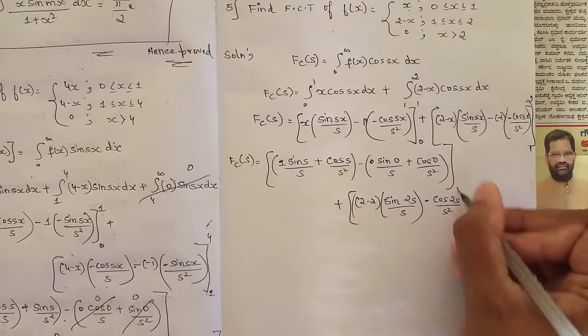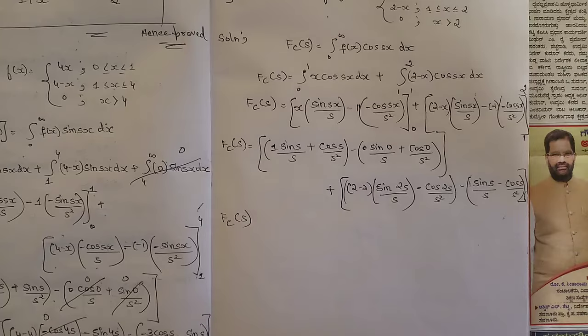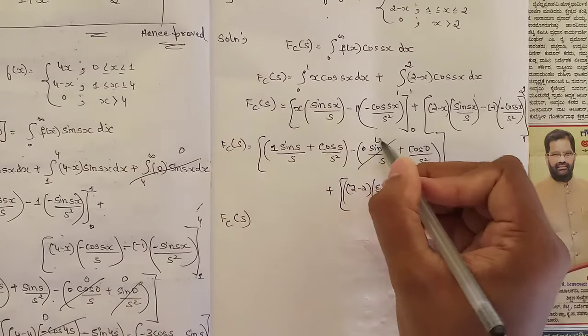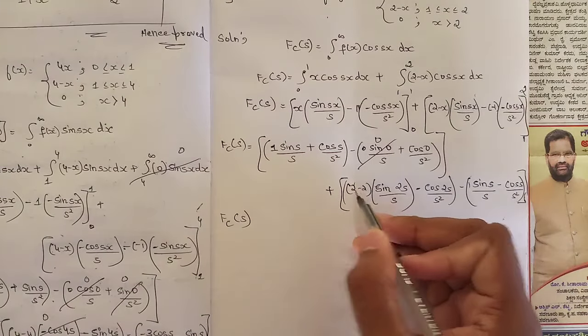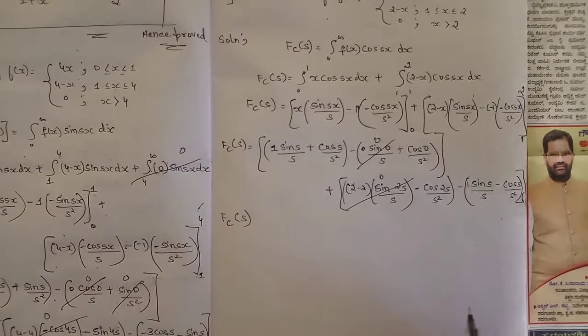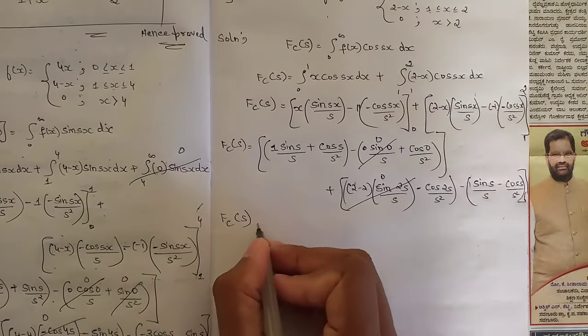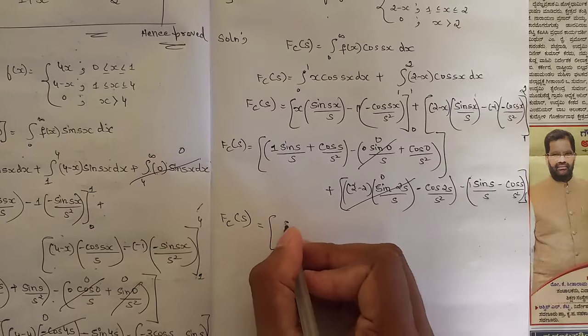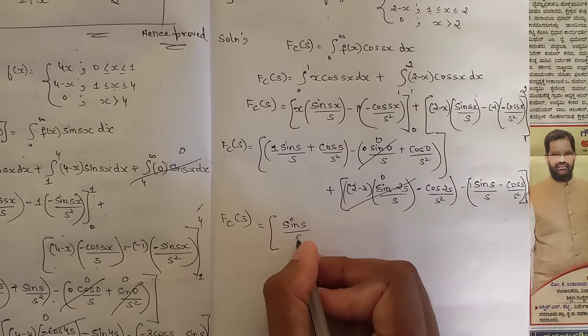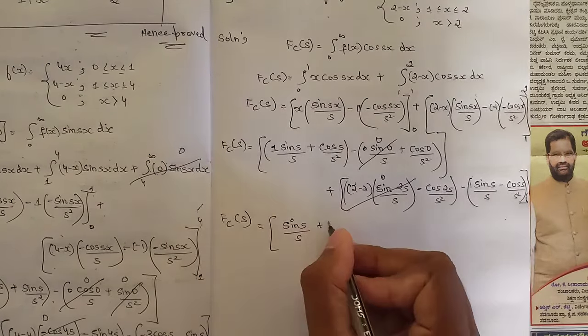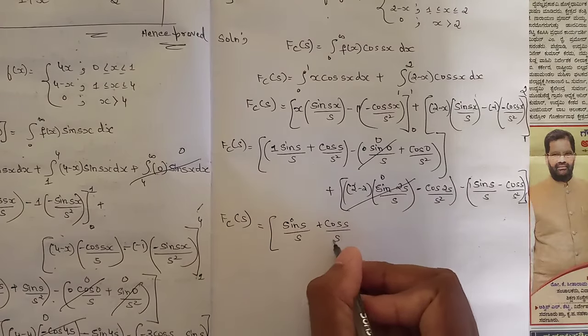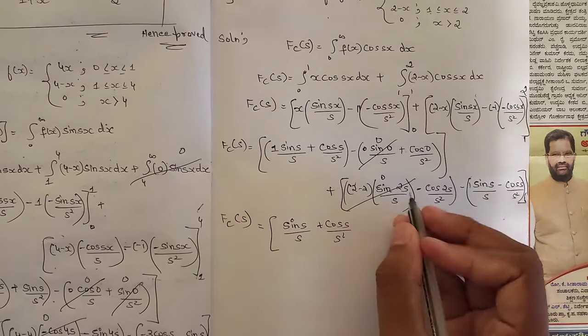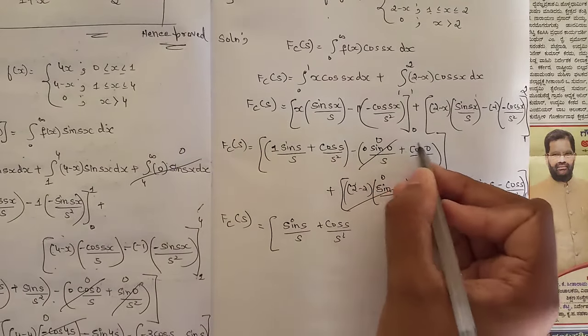Okay, so now let's eliminate these brackets and we'll put all the terms together now. Before that we can cancel some terms, right? Here, 0 into anything is 0, so this is 0. 2 minus 2 is 0, so this whole term becomes 0. So the remaining terms are sin s by s plus cos s by s square, minus plus is minus, and cos 0 is 1, right?